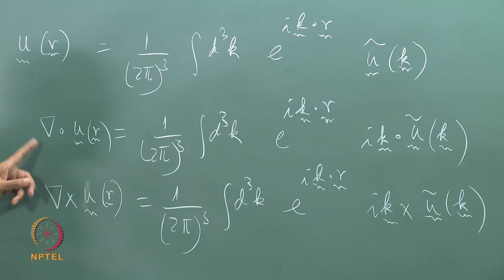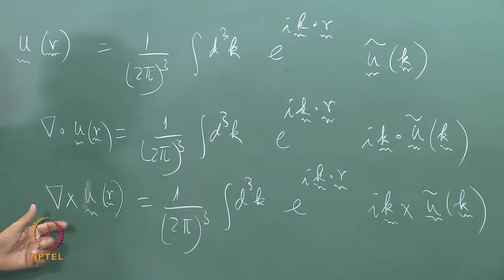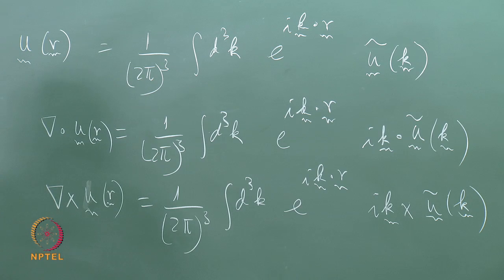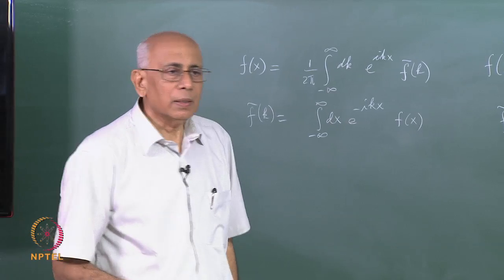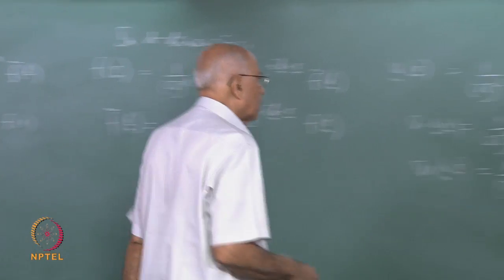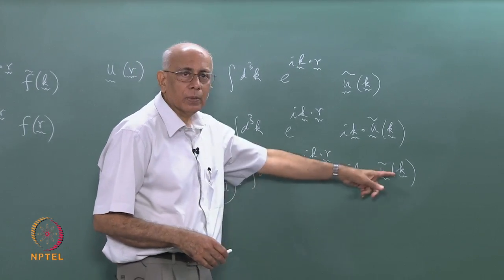So the dot product with del is converted to I k dot, and the cross product is converted to I k cross. This means that these partial derivative operations are converted to algebraic operations, taking scalar products, dot or cross products with this vector ik out here.